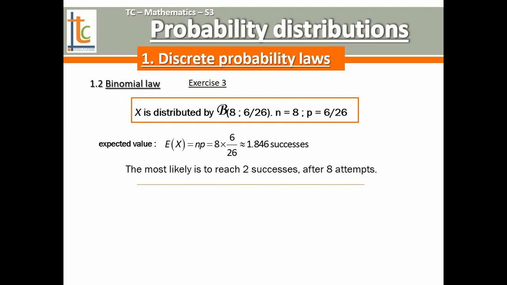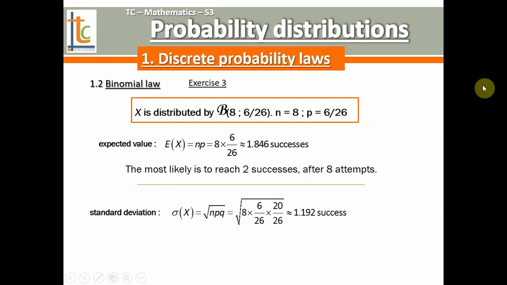There is also a formula for the standard deviation. The standard deviation corresponds to the formula square root of n times p times q. So let's talk about q that I didn't talk about. The probability q is the probability of failure. So it's the complement of the probability p of success. q equals 20 over 26. Okay?